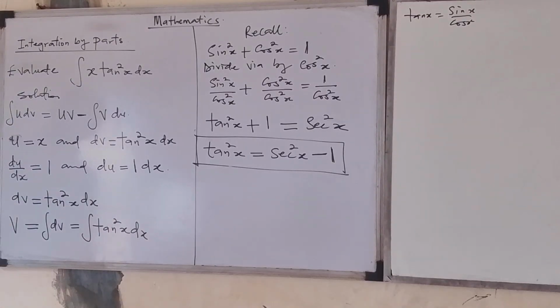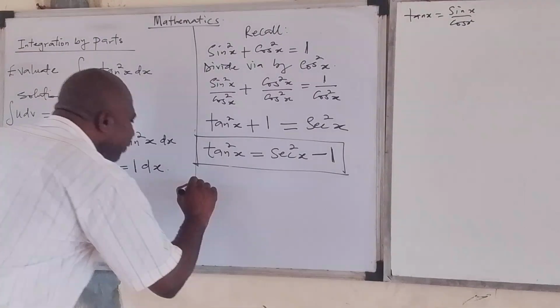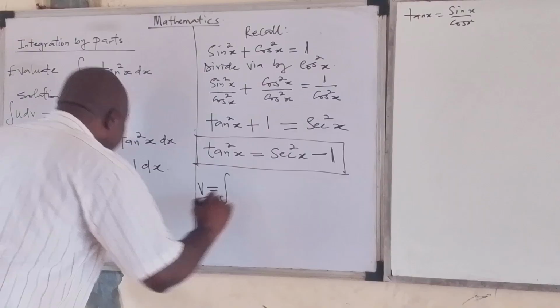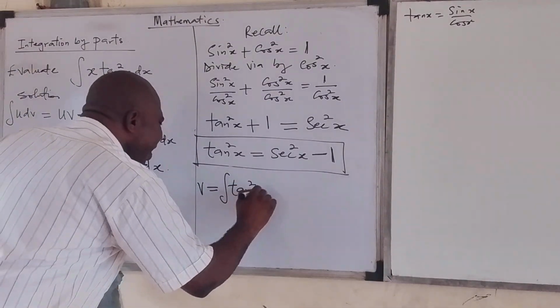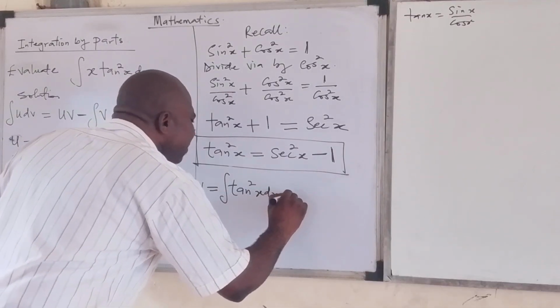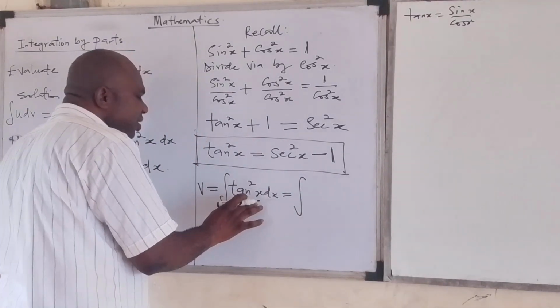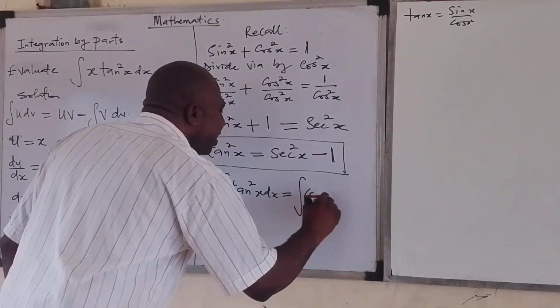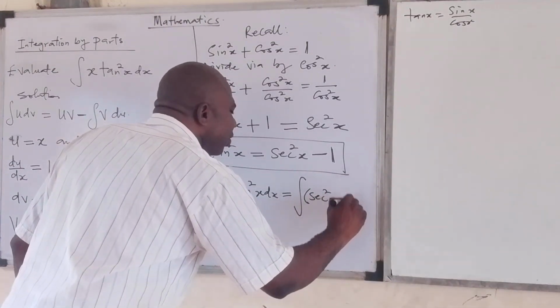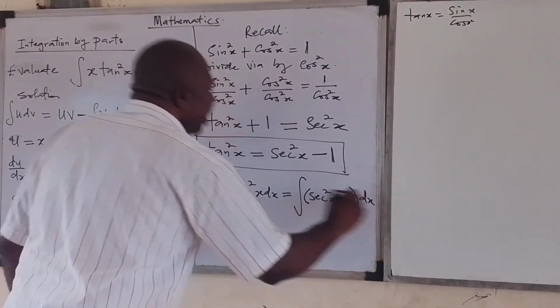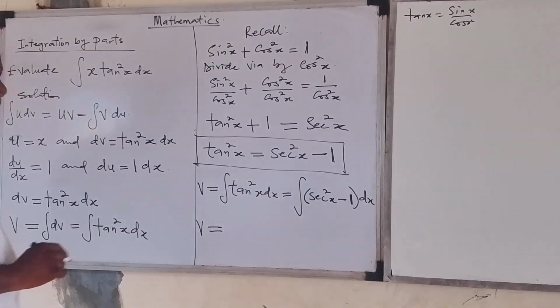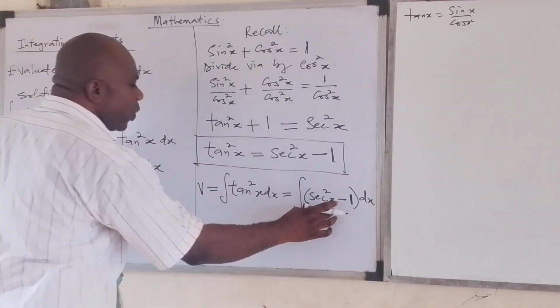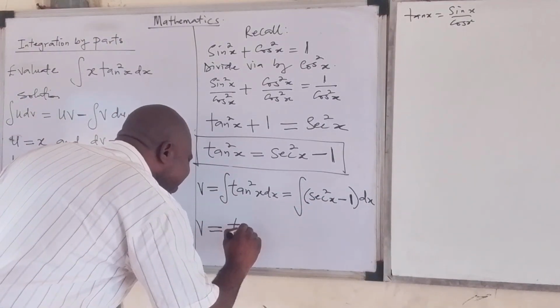So it means that v will be equal to the integral of tan squared x dx, which is the same as the integral of sec squared x minus 1 dx. When you integrate sec squared x, it gives tan x.